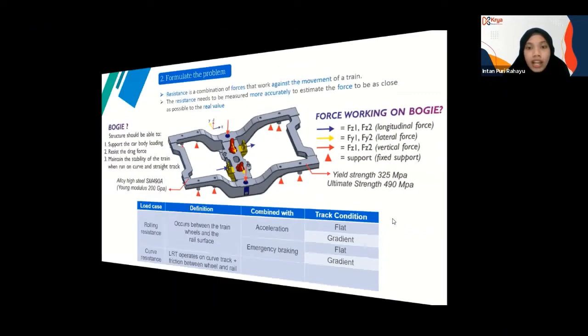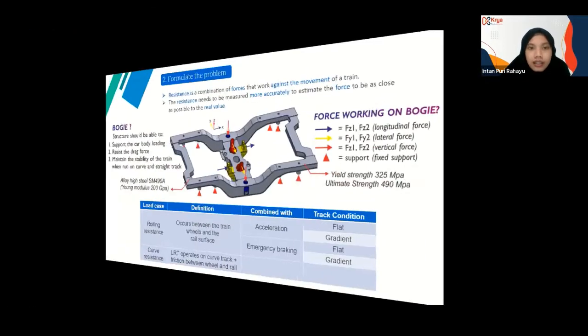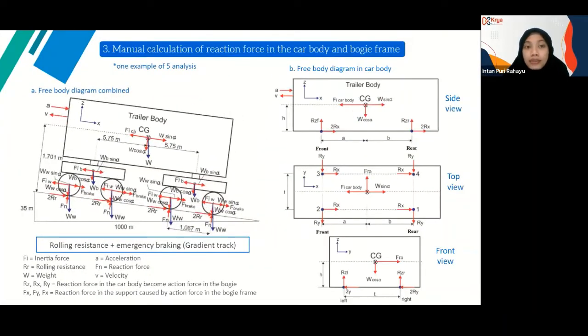And then the next one, after I did the formulation for the problem, I had to do the manual calculation, and this is the 2D model of my simulation, which we call in engineering the free body diagram.